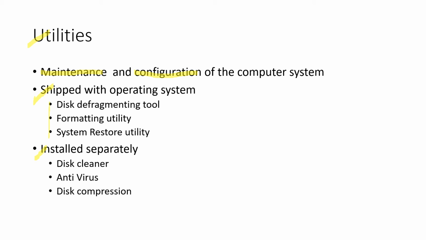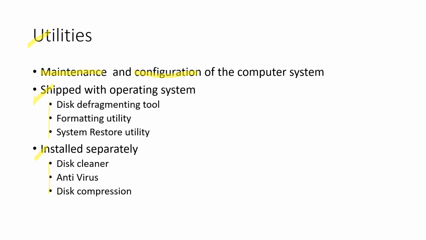We know that a virus is a malicious computer program that disrupts the normal functioning of the computer, and the antivirus software scans the disk for the virus and removes them. The next one is the disk compression utility, and what it does is it compresses the large files so that they can take less storage area.